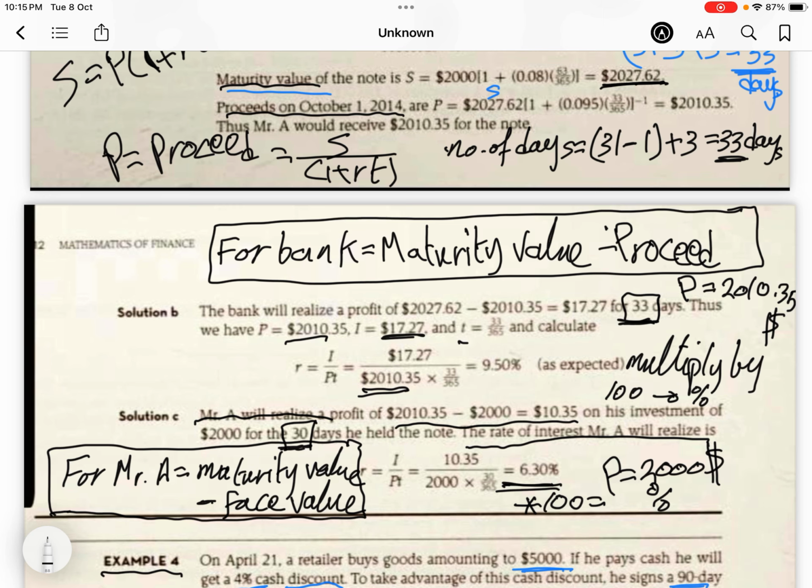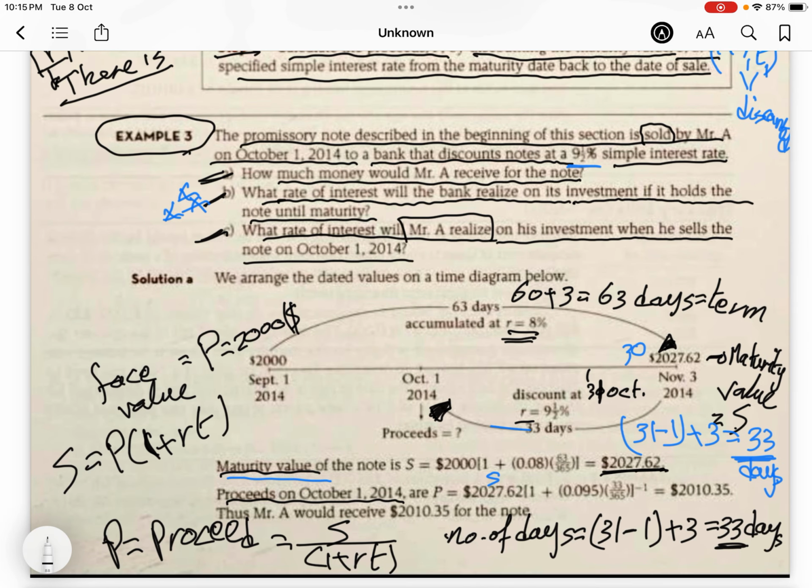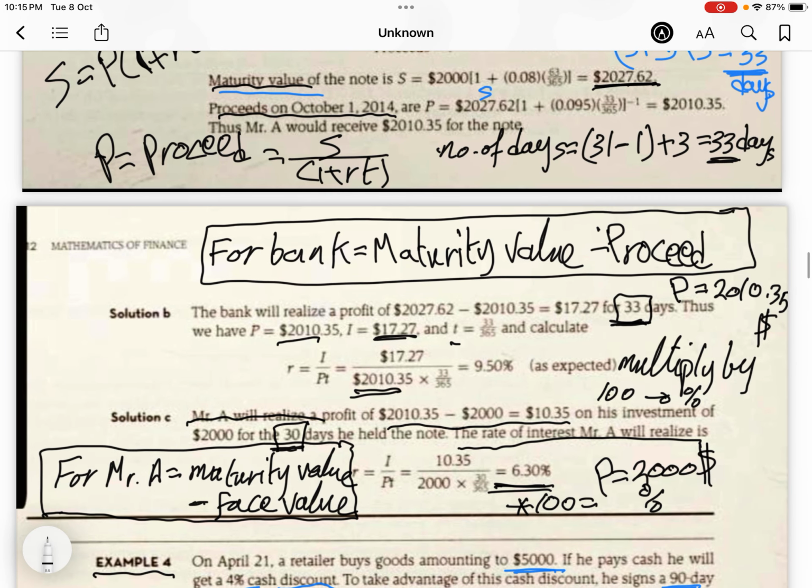Then the interest rate, as asked, the rate of interest: since I equals B times R times T, we divide I by BT, and you will have 0.095, but multiplied by 100, you will have 9.5%.